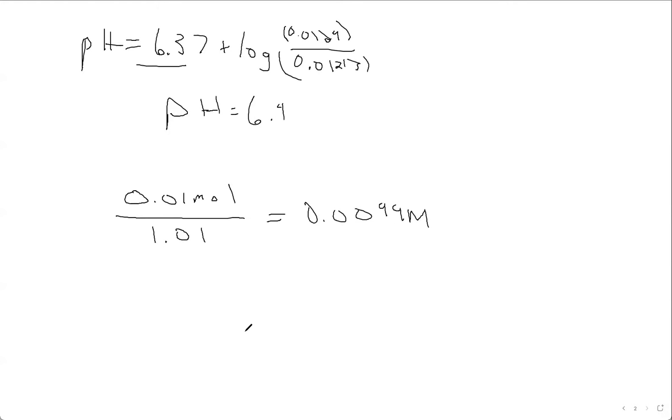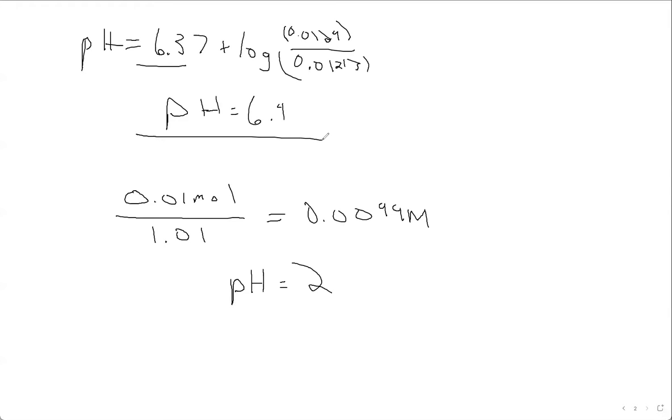Now, how do I find the pH here? What do we know about HCl? Strong acid, all right? So I'll just take the negative log of 0.0099, and what do we get? Yeah, 2, awesome.